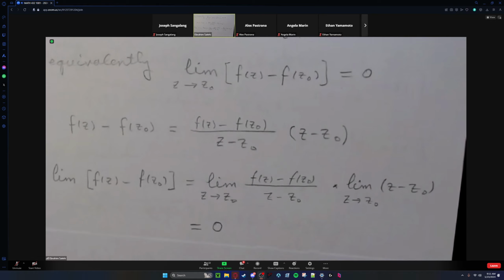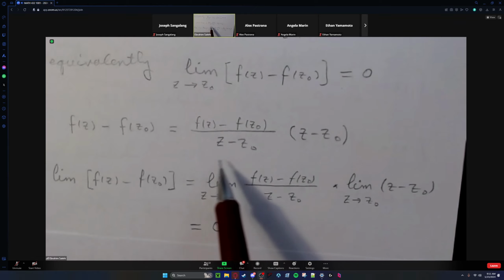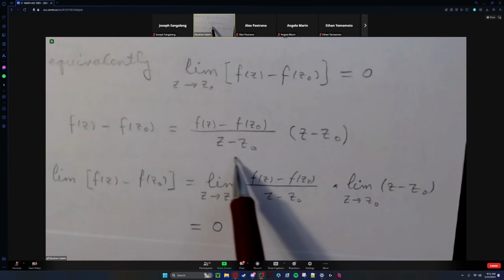Now, I'm going to take the limit, because the derivative is the limit of this fraction.